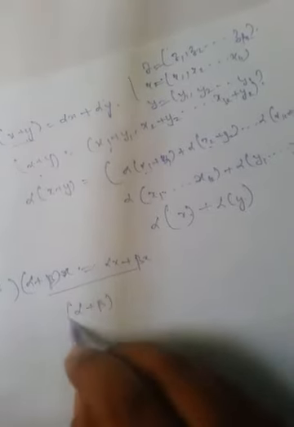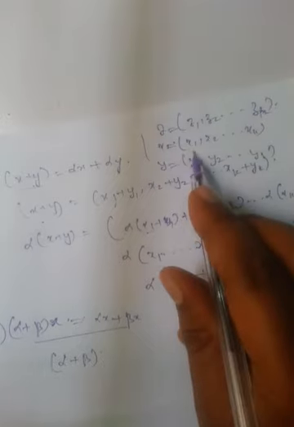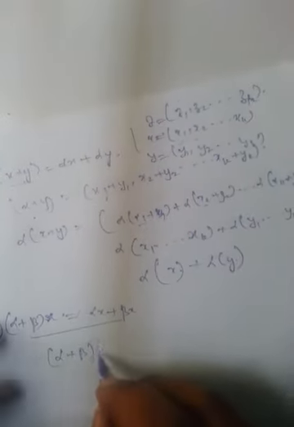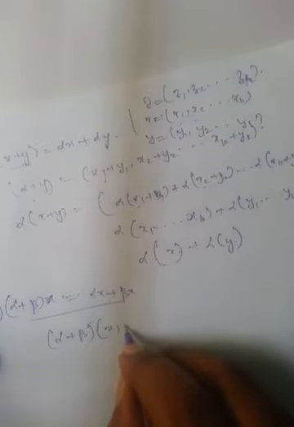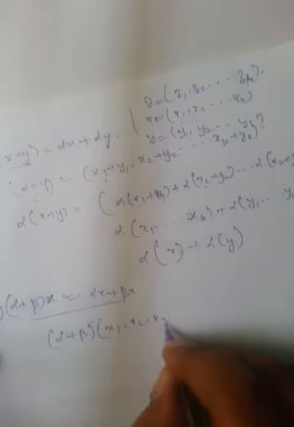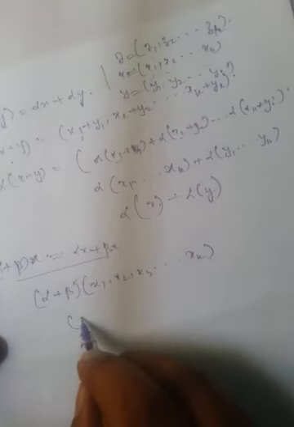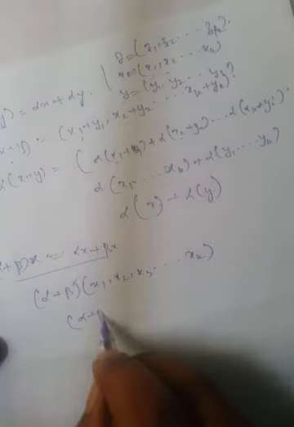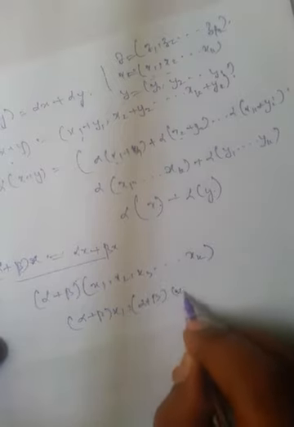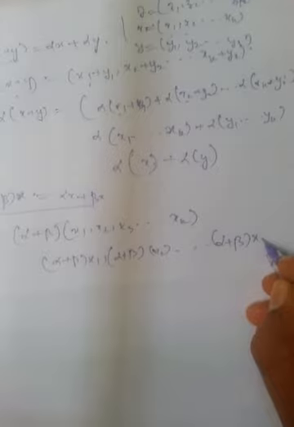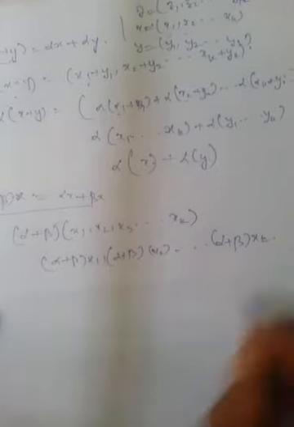We know x equals x1, x2, x3, and so on, xk, so we multiply each component with alpha plus beta: alpha plus beta times x1, alpha plus beta times x2, and so on, alpha plus beta times xk.